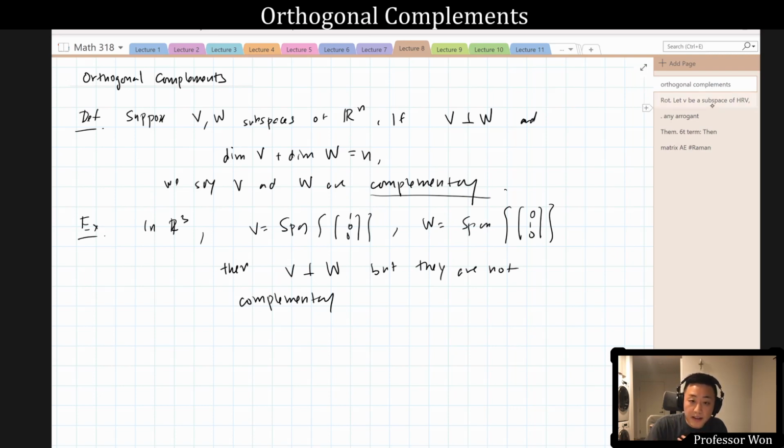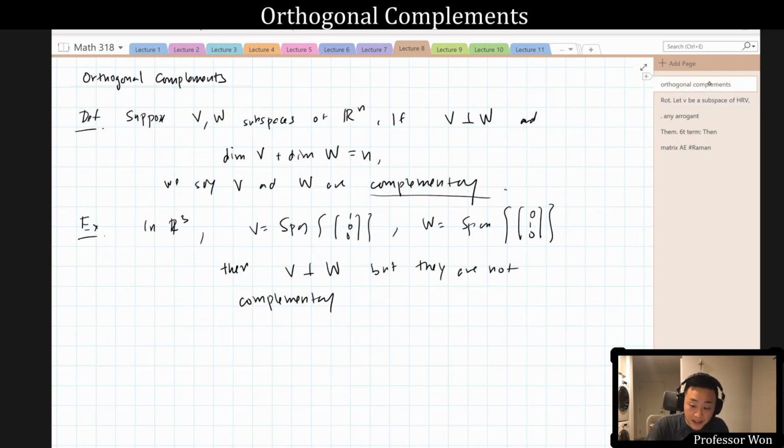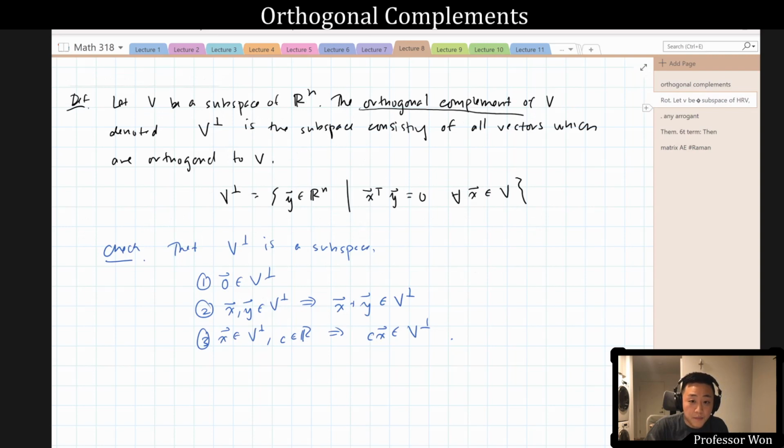But then I defined the orthogonal complement as all of the vectors that are orthogonal to the vector space. In this definition, I made no mention of the dimensions of the vector spaces. So in other words, I defined the word complementary and I defined the word orthogonal complement, but it's not at all obvious that the orthogonal complement is complementary to V.